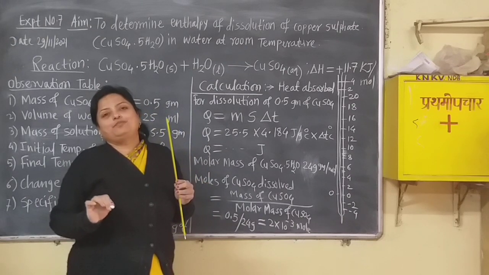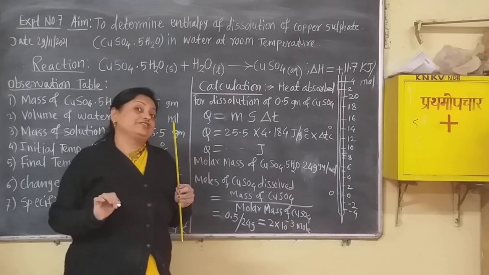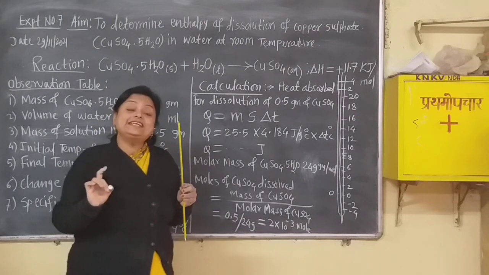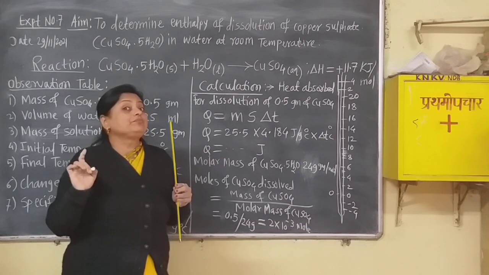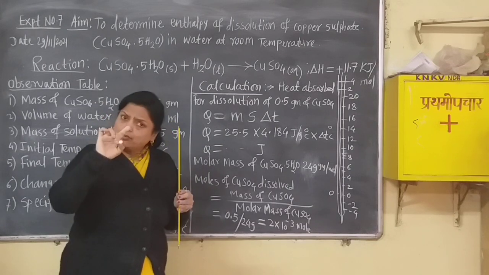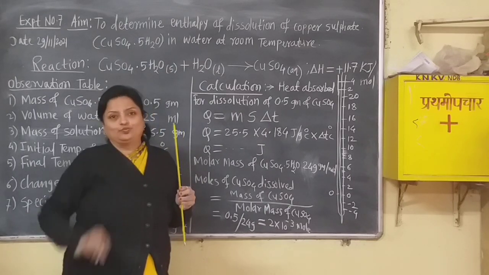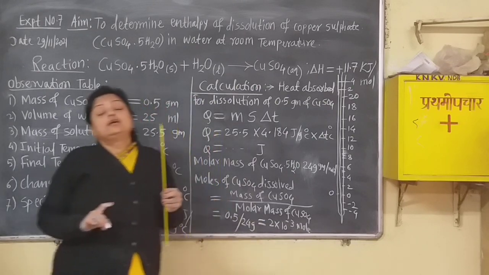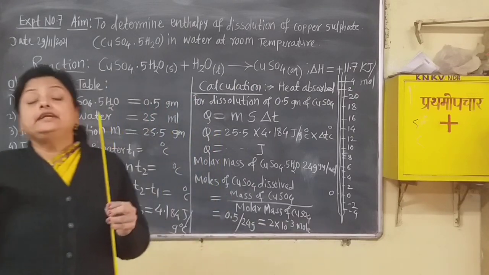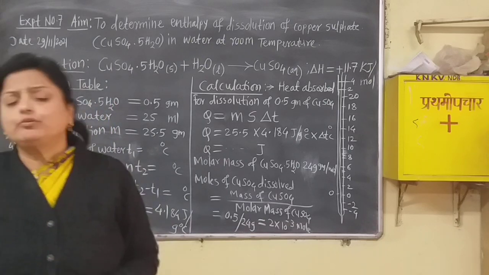So 21.2, remember, because the fifth line is 21 and above that one line, that is the 6th line, so 21.2. Can you understand that? In this way we can measure the temperature in decimal point also by this thermometer. Now come to our practical.